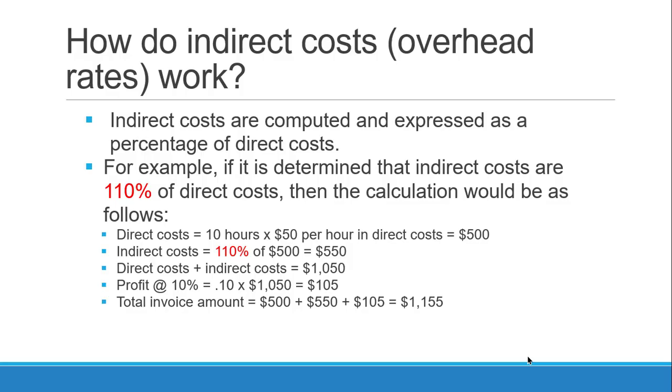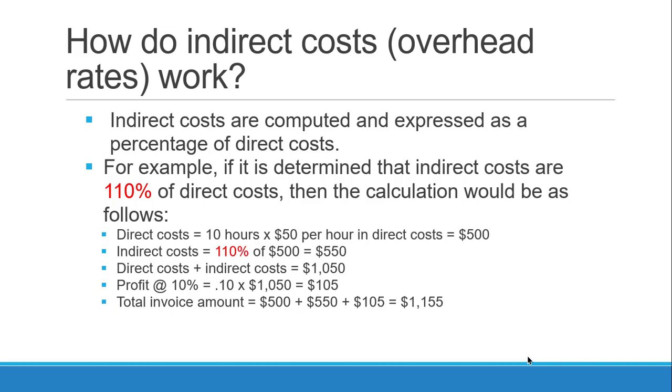So how do indirect costs, again, overhead rates, work? Indirect costs are computed and expressed as a percentage of direct costs. The following example will describe the calculation. If it is determined that indirect costs are 110% of direct costs, then the calculation would be as follows.